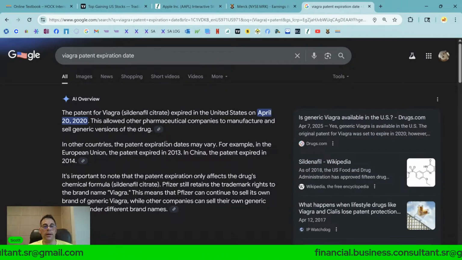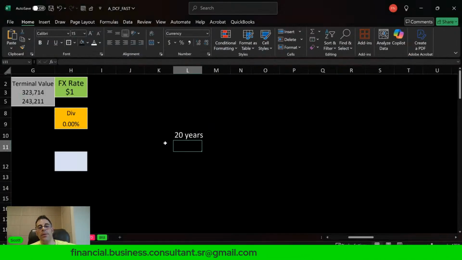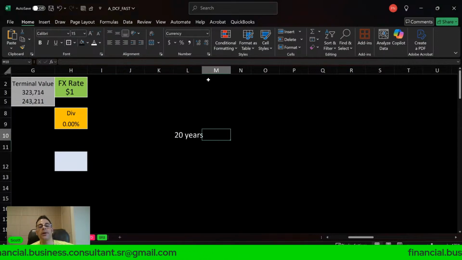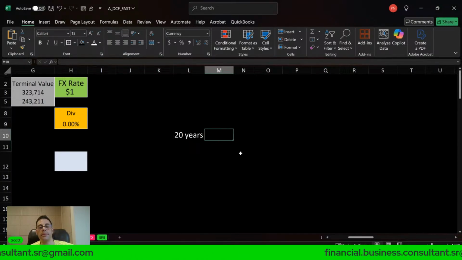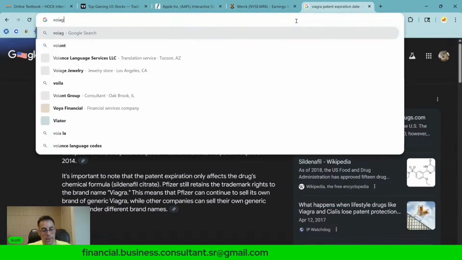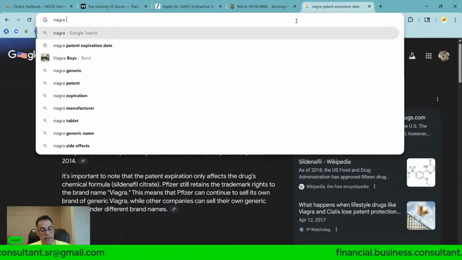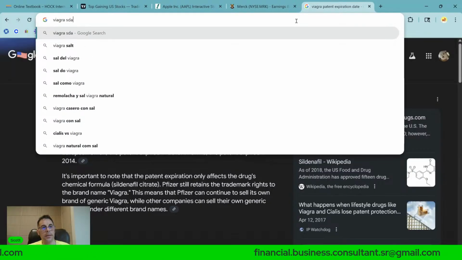Viagra was the only erectile dysfunction drug for 20 years, from 2000 to 2020. And then other companies can start selling it. Viagra sales.